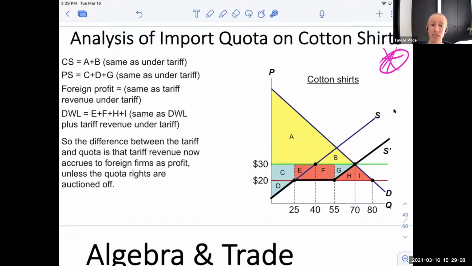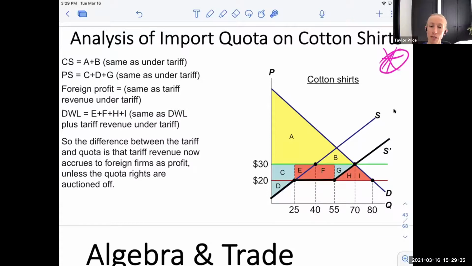And finally, deadweight loss is also going to be the same, even though it looks a little different because we have this weird chunk here, G, that is now a domestic producer benefit, whereas before we had this chunk right here. So now there's a trade-off between those two.